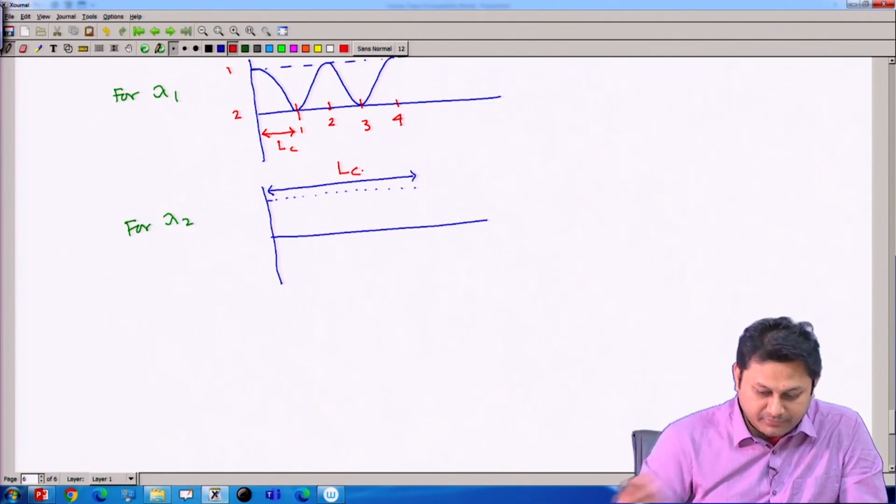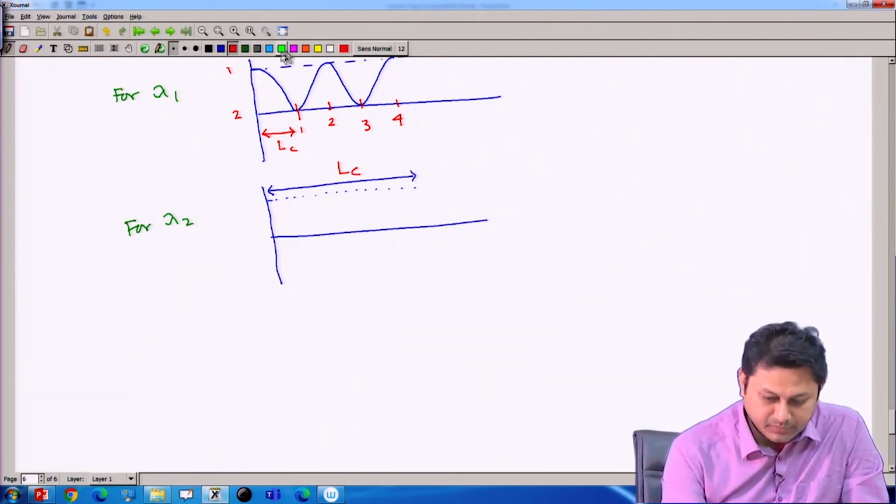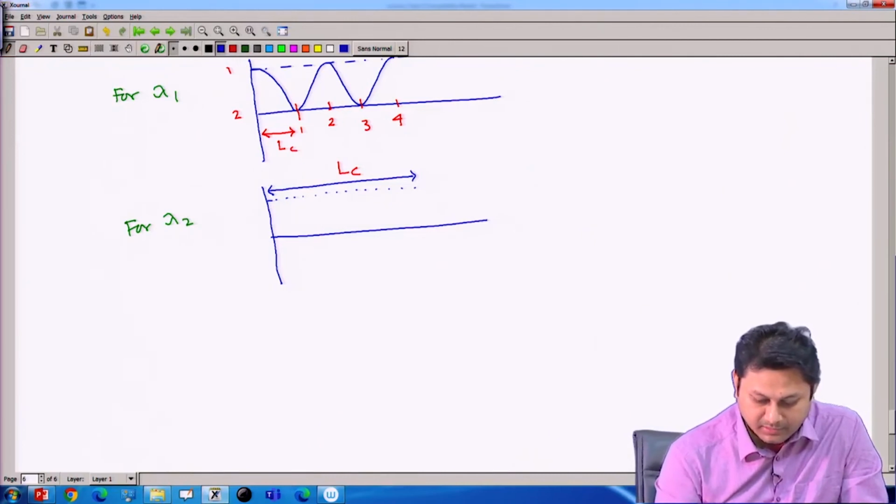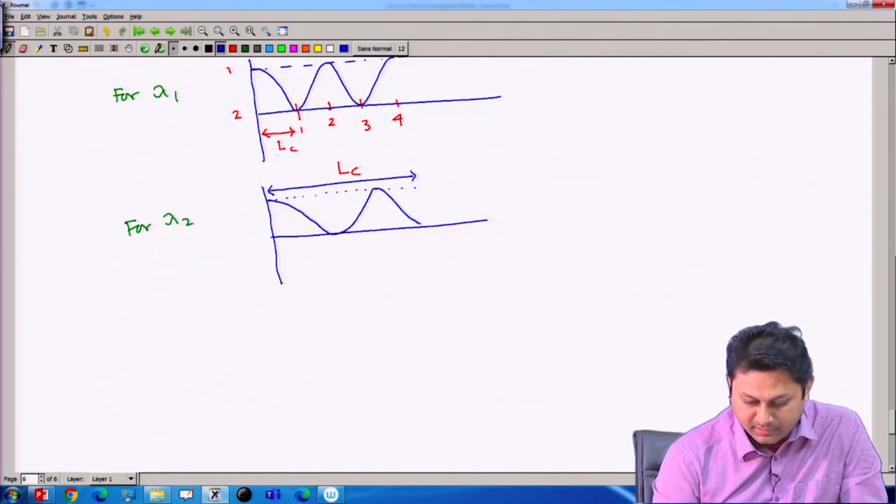Here we have the curve like this. This is one length, this is second length, and this is third length. So, this length is 1, this length is 2, and this length is 3.